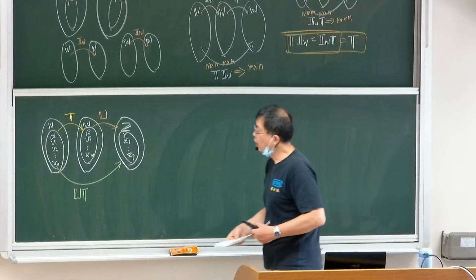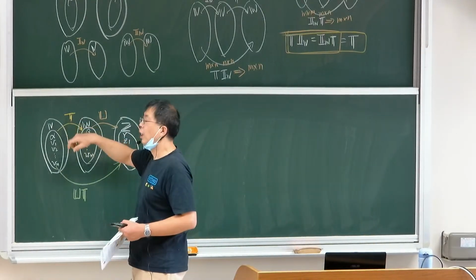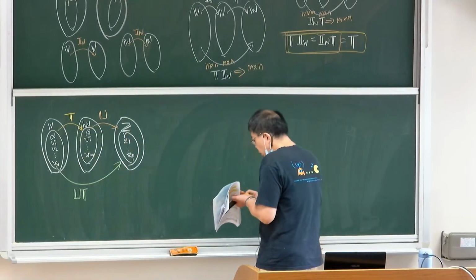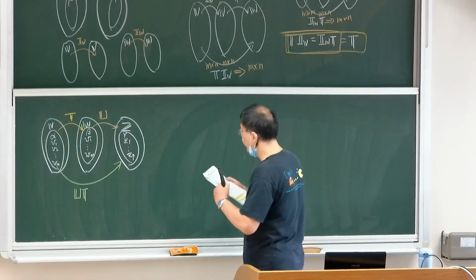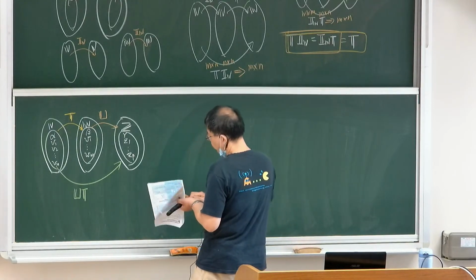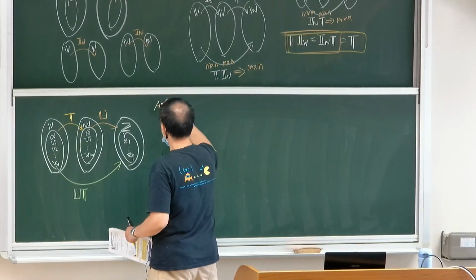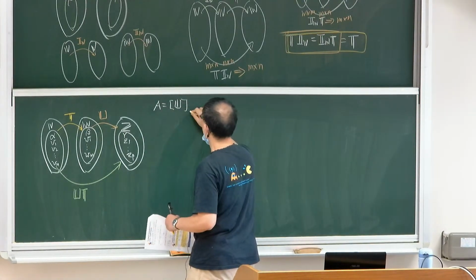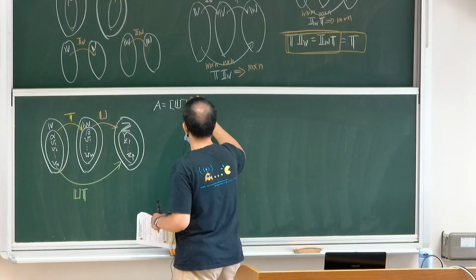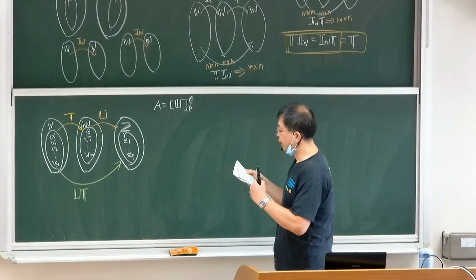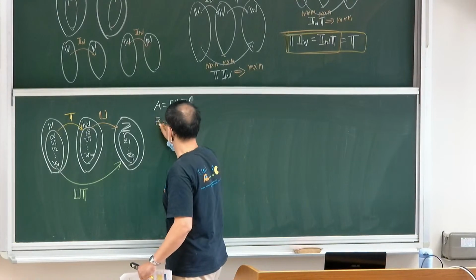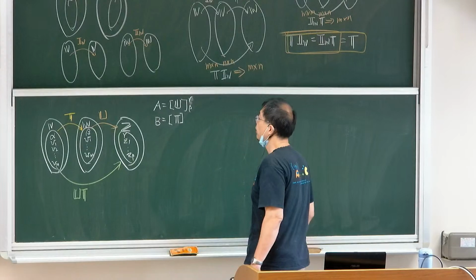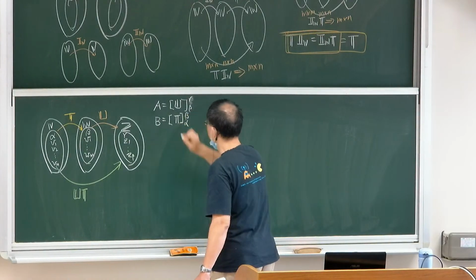Because we already have the linear transformation from V to W, we assume A is the matrix representation of U, from beta to gamma. And I have another matrix B that represents the linear transformation T from alpha to beta.